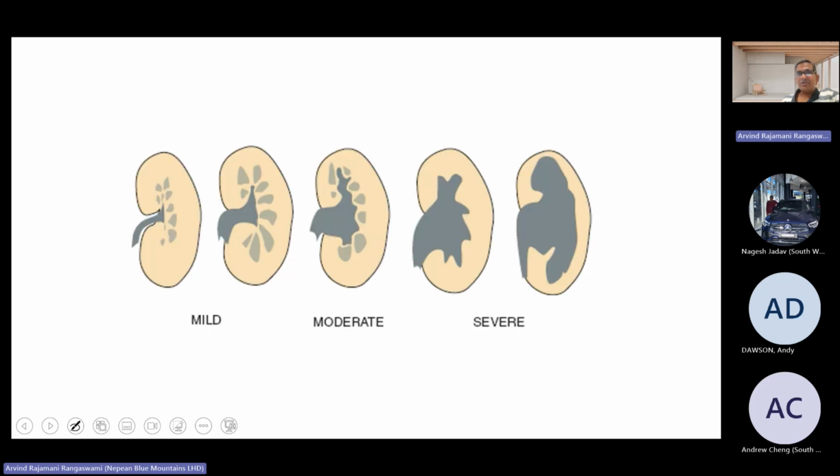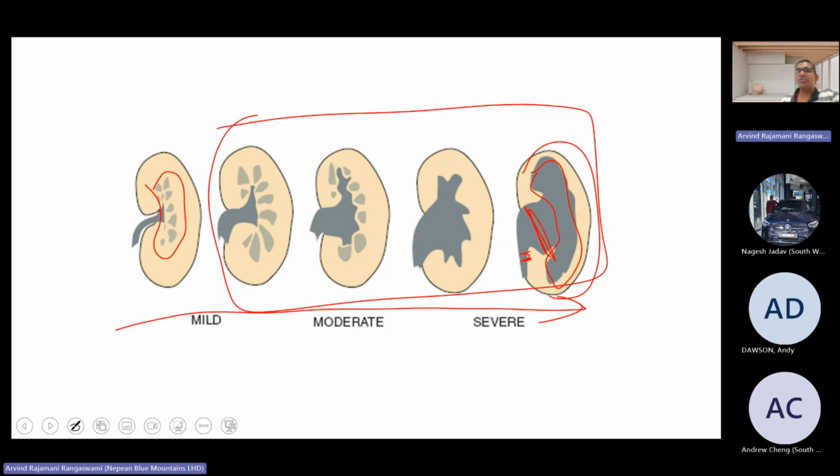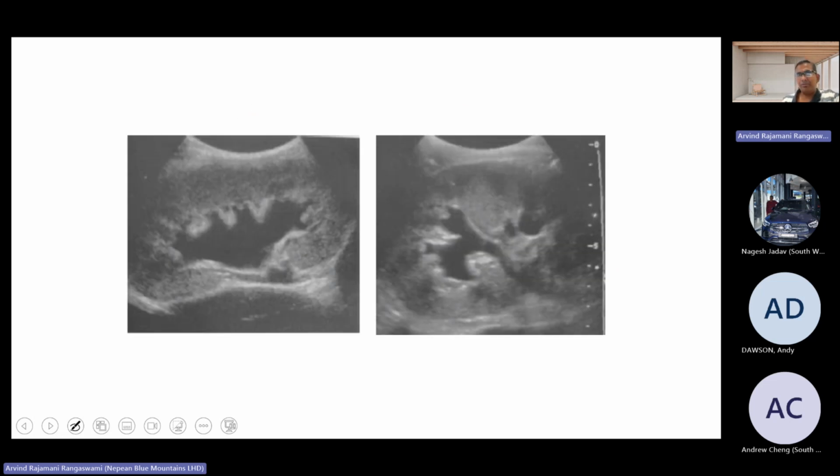There are various grades of hydronephrosis as seen here. If you have very prominent pyramids, it could indicate mild hydronephrosis. And then as you keep going, this is severe hydroureter, hydropelvis, plus all the pelvicalyceal system becoming really dark and filled with urine. Typically I think this part you should be able to identify without any problems.